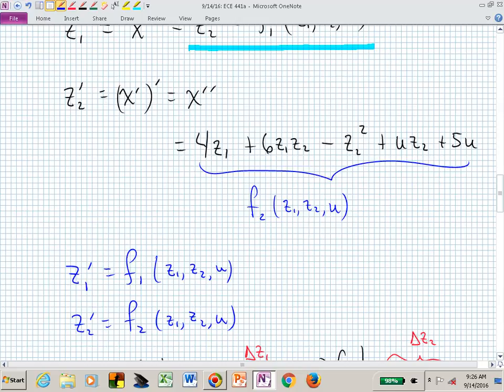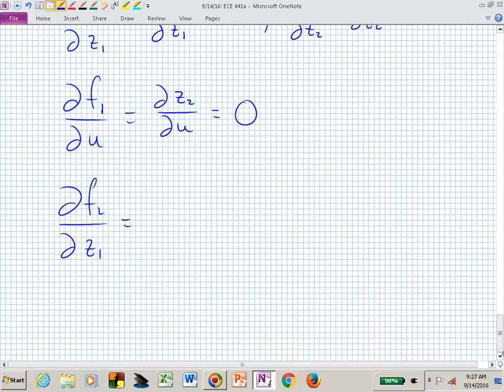If we take the partial of this right-hand side with respect to Z1, what do we end up with? 4, 6Z sub 2, and that's it, isn't it? That's the only place we have a Z1 and we're differentiating with respect to Z1. This partial now becomes 4 plus 6Z sub 2.